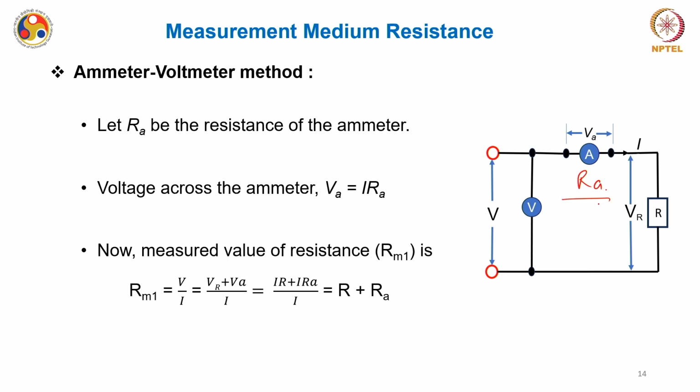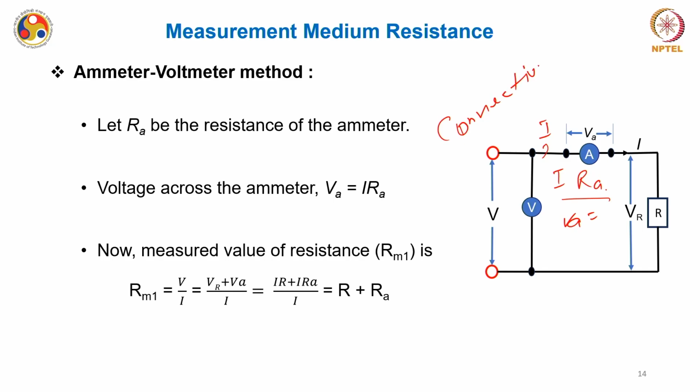So, if RA is the resistance of the ammeter, the voltage across it will be I RA. So, VA is equal to I RA, because the same current I is flowing in this circuit. Now, the measured value of resistance I am calling RM1, because we are discussing connection 1.